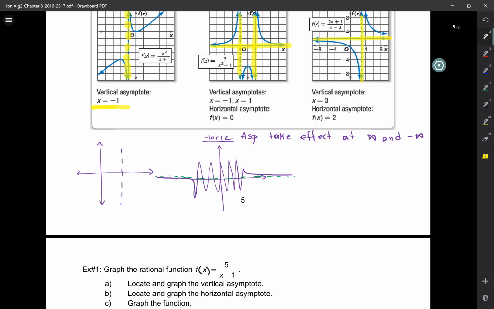Horizontal asymptotes take effect only at infinity. That's just how they are. Okay? Horizontal asymptotes, they don't start to materialize until the infinities. Okay? You'll learn later on that it's at infinity. They're only defined at infinity.